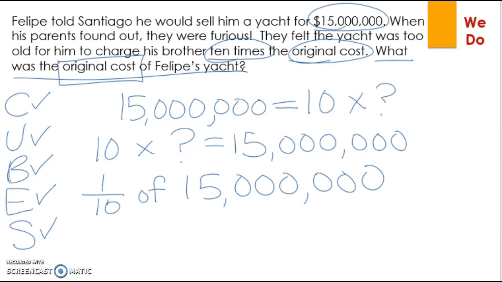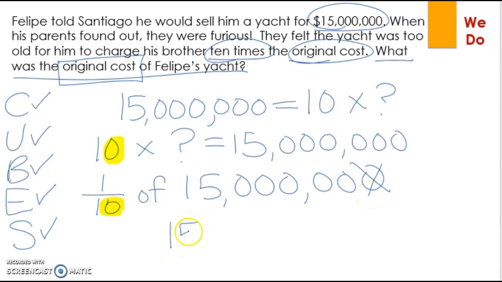Well, how many zeros are in 10? Just one. So 10 times what equals 15 million? I'll tell you. To figure out the number, I am going to get rid of one of the zeros when I rewrite it.